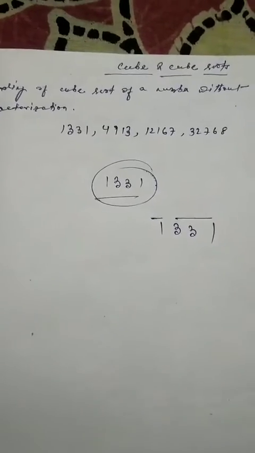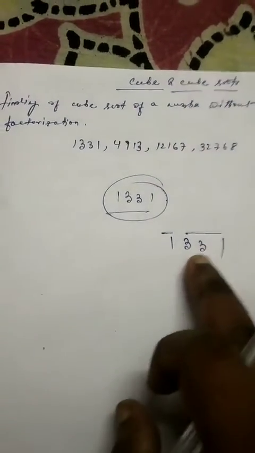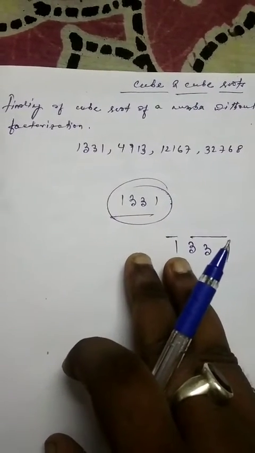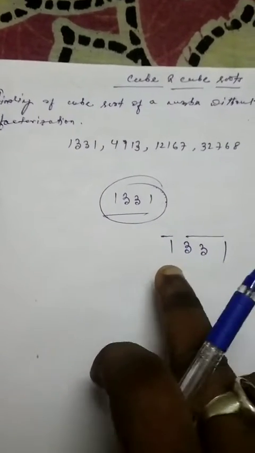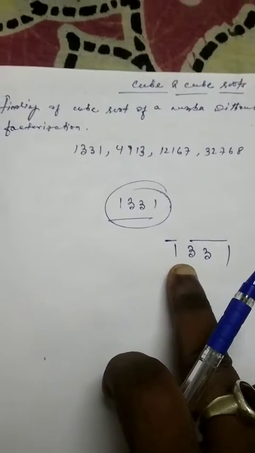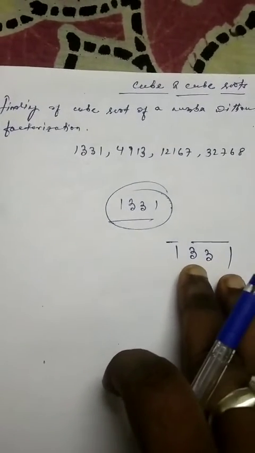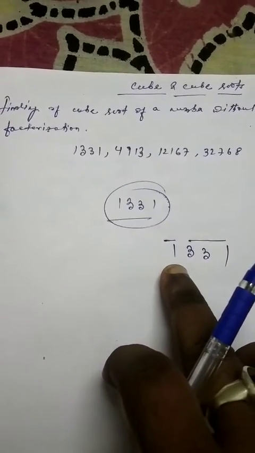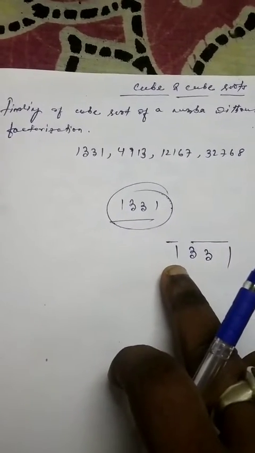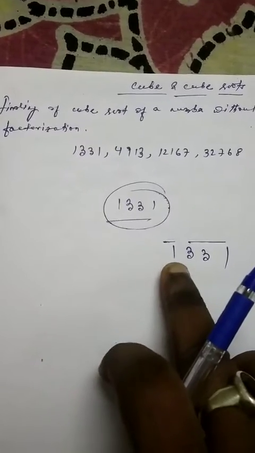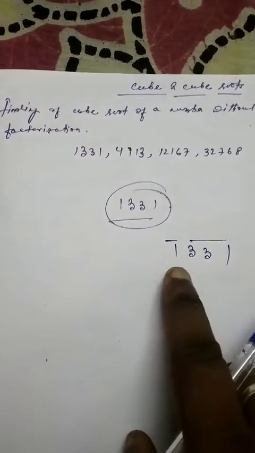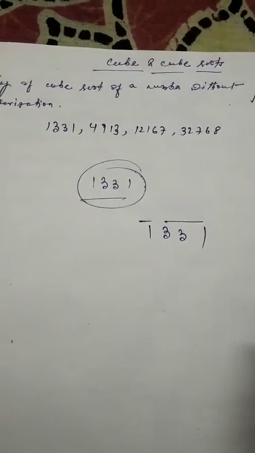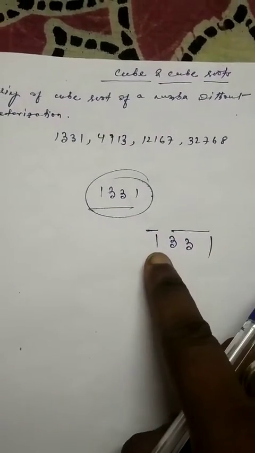If I would have had two digits left after making the group of 3, I could have taken more digits over here. But as I can see, I have only 1 left over right after making the group of 3 digits. So I have to consider this digit as 1 group. That's fine. No issues in that. So I considered these 3 digits, and here is 1.